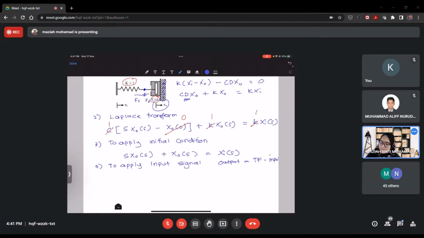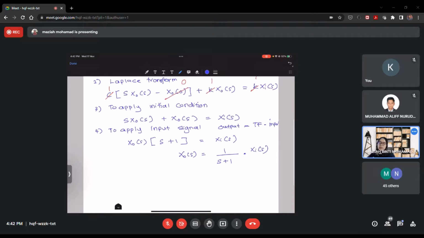Therefore we factor X naught(s) here: X naught(s) times (s plus 1) is equal to Xi(s). X naught(s), the output, is equal to the transfer function 1 over (s plus 1) multiplied with the input Xi(s).